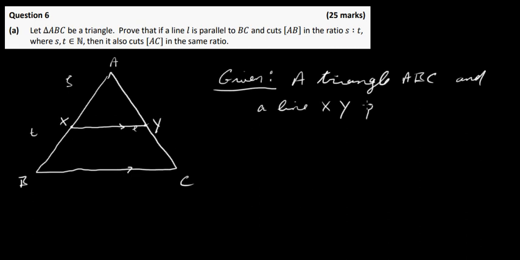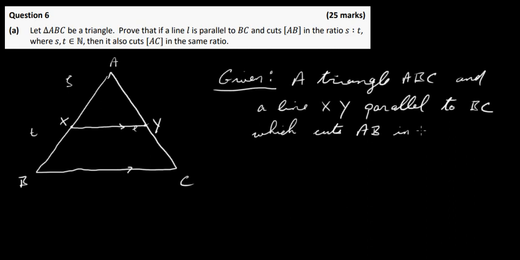This line is parallel to BC. So we have a triangle ABC and a line XY parallel to BC, which cuts AB in the ratio S is to T. So this is what we're given.